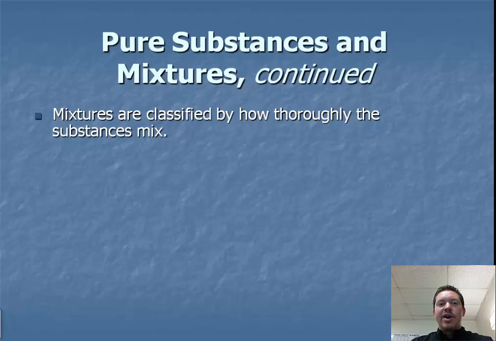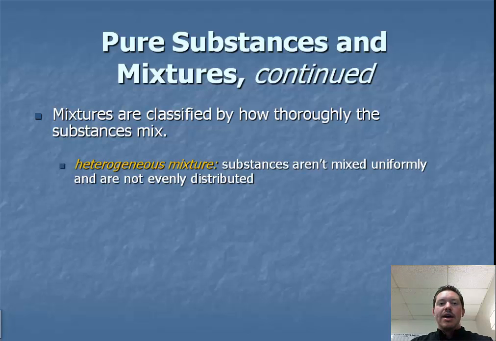We tend to categorize mixtures by how thoroughly the substances are mixed. A heterogeneous mixture is one where substances aren't mixed uniformly and they're not evenly distributed. If we put sand in water, sand sinks to the bottom. If we put oil in water, the two separate out.